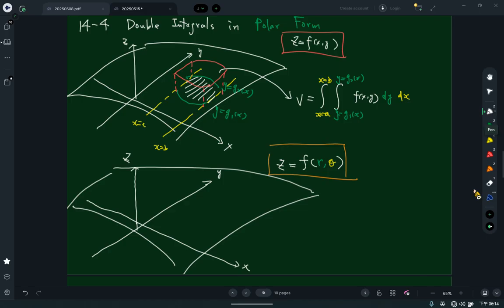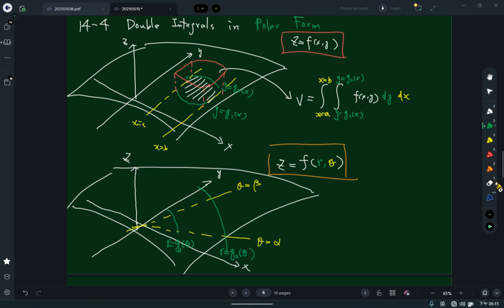The region is defined by theta from alpha to beta, and r from g1 of theta to g2 of theta.